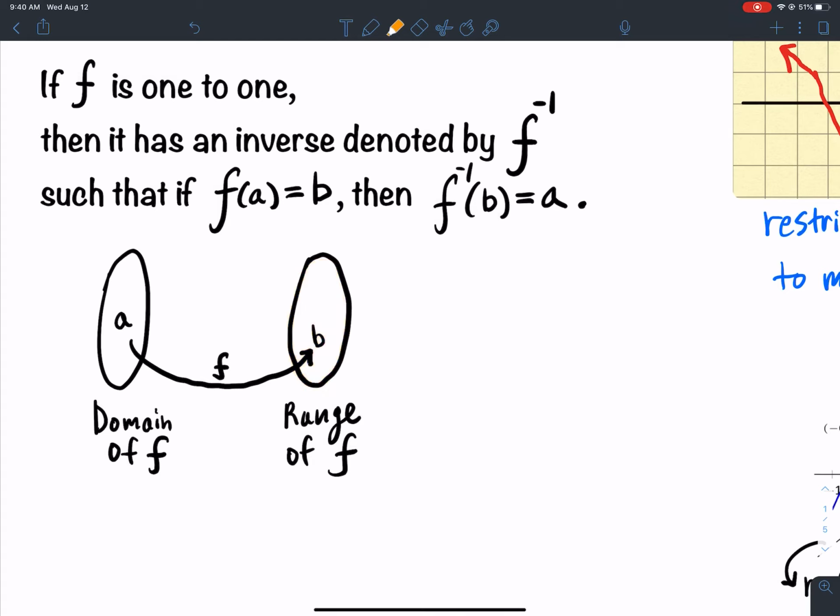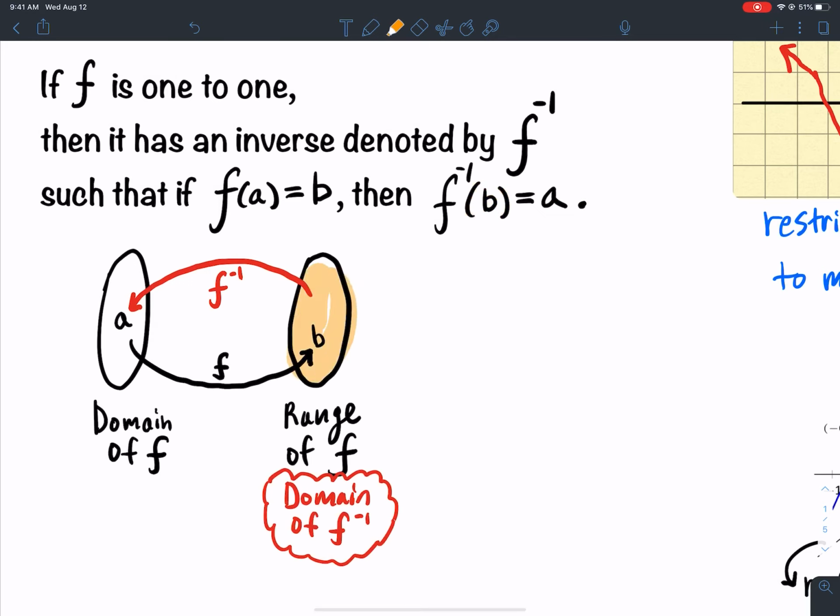So the inverse function is like the anti-function. It literally does the opposite of the original function. So instead of taking A and mapping it over to B, it's going to take B and map it over to A. So you input a B and it maps it over to A. So the domain of the inverse is the range of the original function, and the range of the inverse is the domain of the original function.